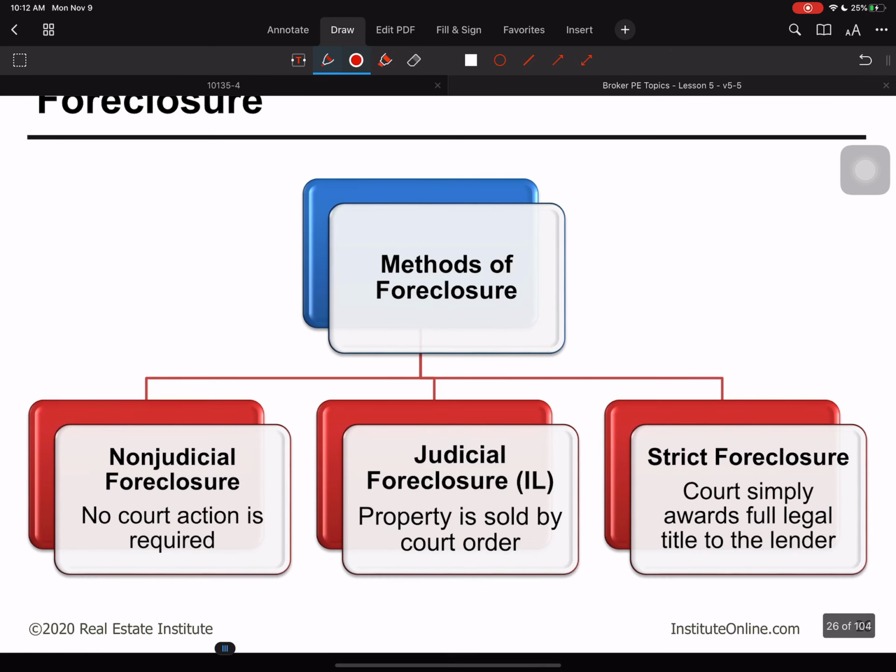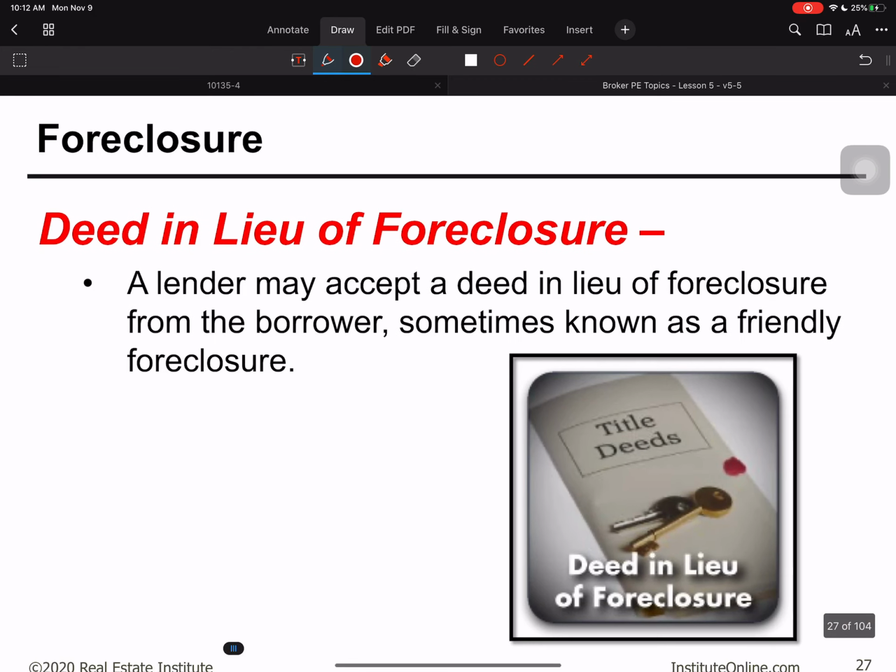Methods of foreclosure. So we have non-judicial. Remember, judicial means court, non-judicial means you don't have to go to court. So non-judicial foreclosure, no court action is required. And then judicial foreclosure, the property is sold by court order. Strict foreclosure, the court simply awards full legal title to the lender.